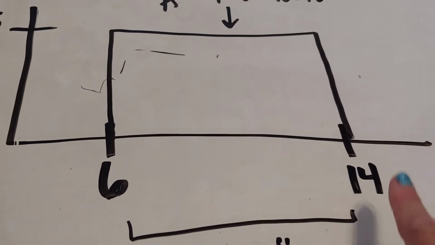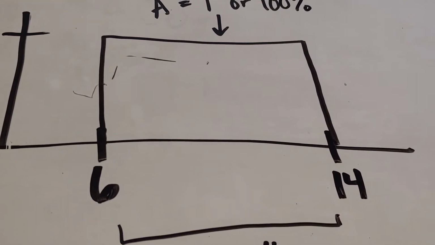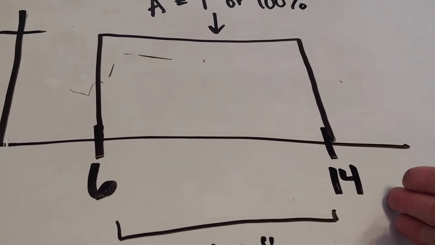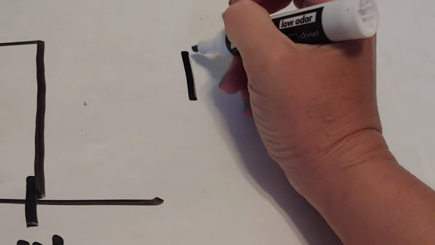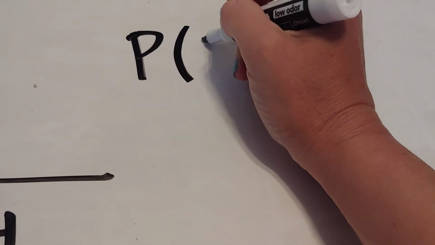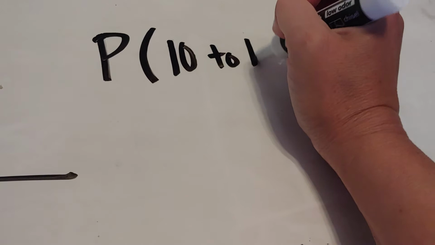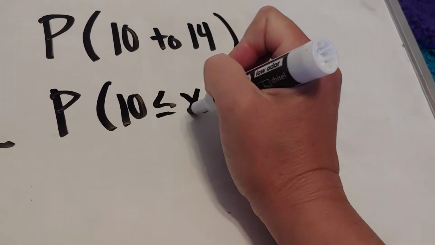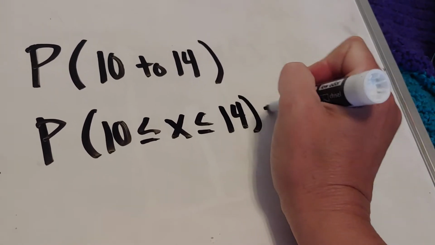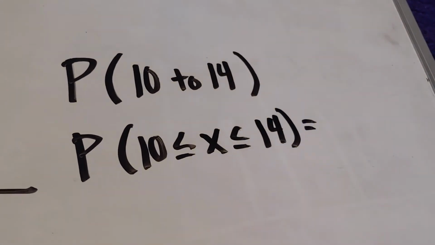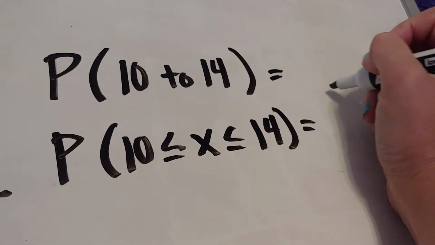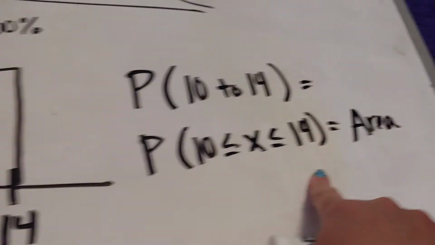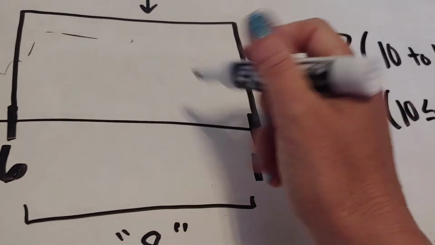Okay, so here's how this works. If you want to find the probability that your sandwich is going to take between, let's say, 10 and 14 minutes, I'm going to go ahead and write that. I want to find the probability that it takes between 10 to 14 minutes. Another way that we write this is using inequality notation. You could write it either way. What this translates to is to find the area of our rectangle from 10 to 14. If we come over here, 10 would be right around here.